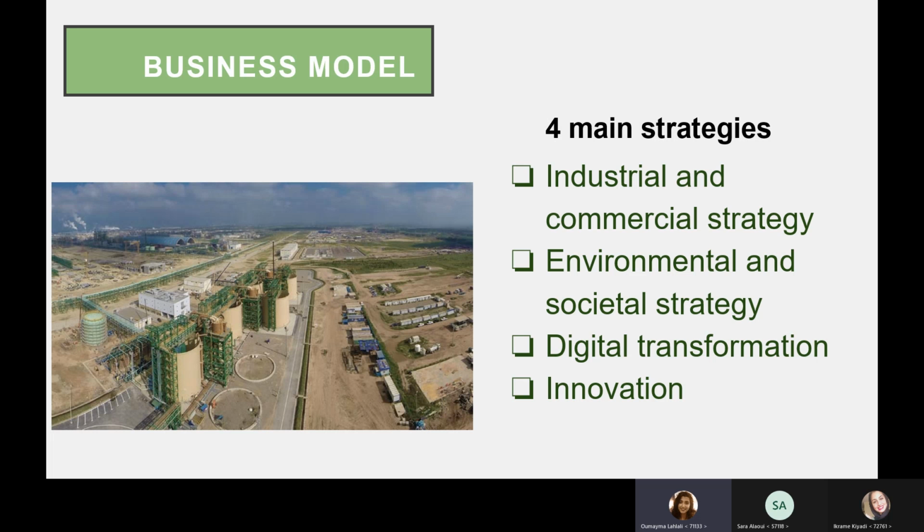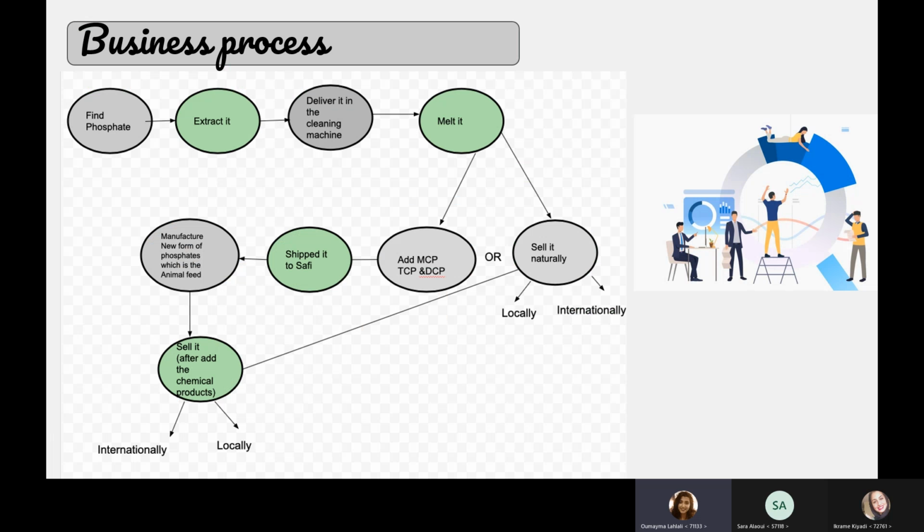So, focusing on the OCP report of results in the first quarter of 2019, they found that sales during the first quarter exceeded 12,521 million dirhams, up from 10,419 million dirhams in the same time last year. So I will give the floor to my teammate Ikram to go over the business process.